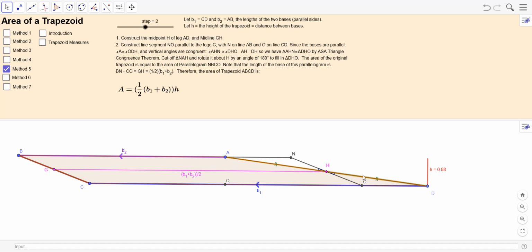So what's the area of that parallelogram? What's base times height? Well, the base is here. You can see once again it's the average of the bases is the distance across here, and that's the distance. Let's see. Do we have a parallel?